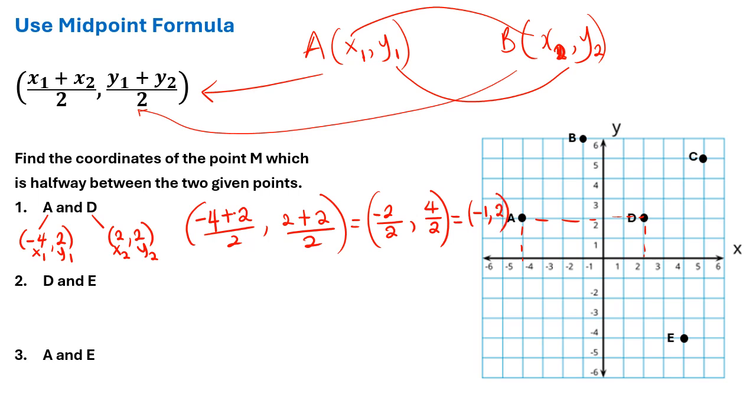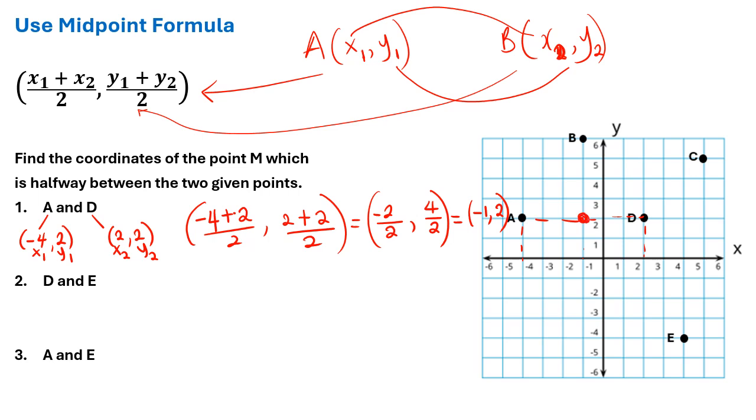That means the midpoint, the point that is halfway between A and D, is -1, comma 2. Of course, if you plot this point, -1 comma 2, you would see it exactly makes sense. -1 is right here, and 2 is right here.